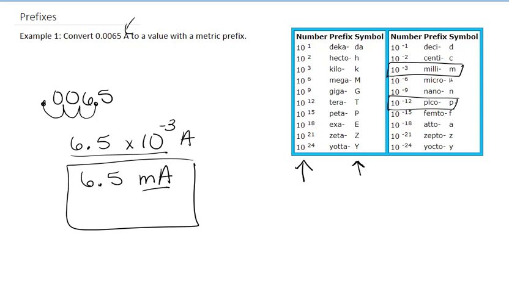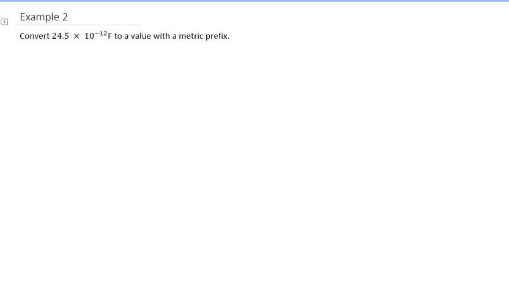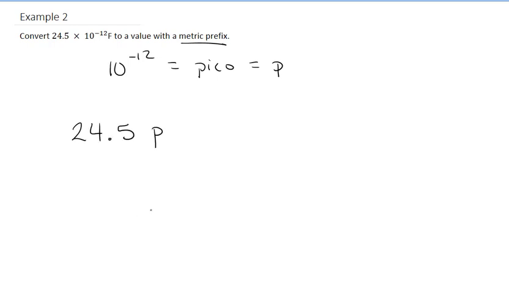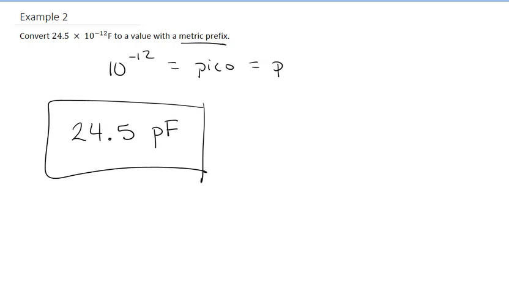So we see that it's pico, for P. So 10 to the negative 12th is for pico, which is also just the symbol is P. So if you want to convert this to a metric prefix, all we have to do is go 24.5 lowercase p Farad. And this would be our solution to this problem. Now let's look at another example.